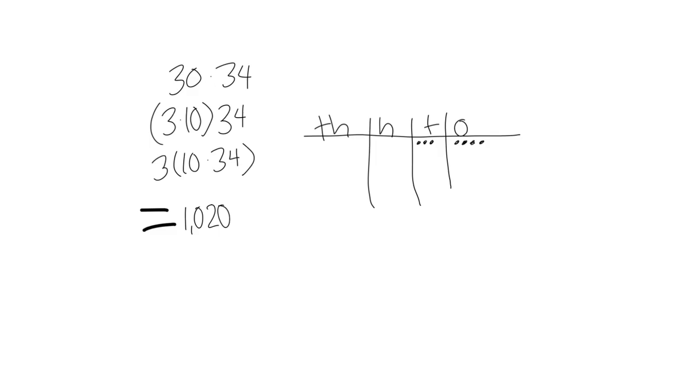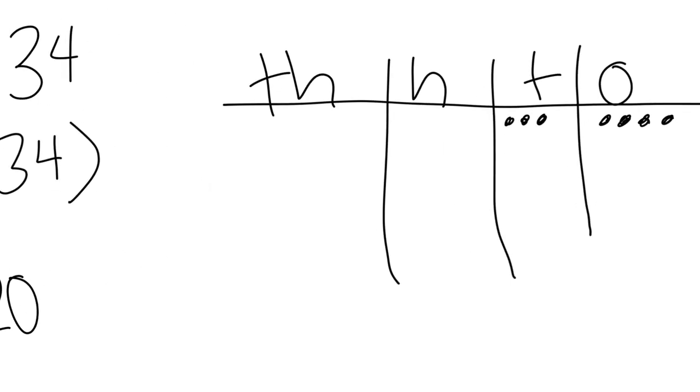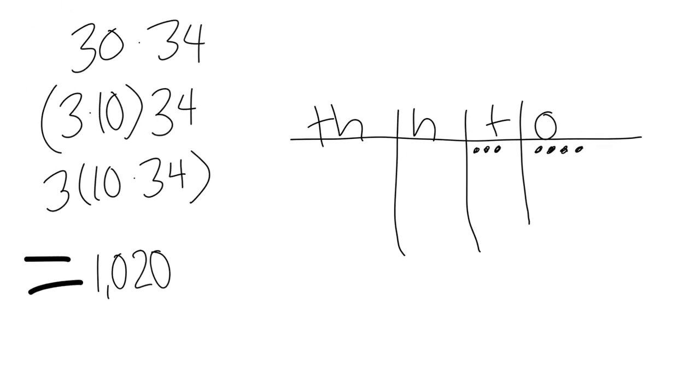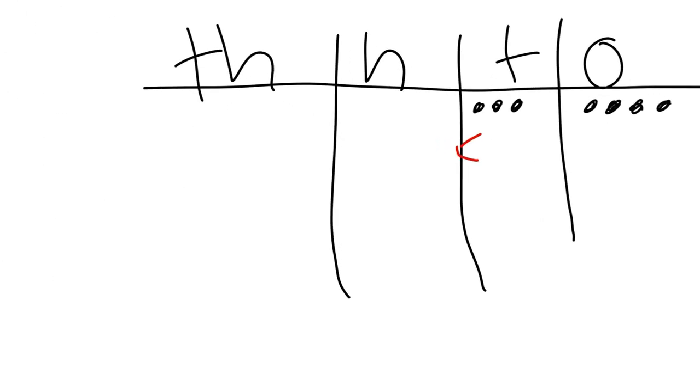Hi friends, for our next question, we're going to have 30 times 34, or 3 times 10 times 34. To make it easier, we can go 3 times 10 times 34. First of all, we're going to put 34 into our place value chart, so we have 3 tens and 4 ones. We're going to multiply everything by 10, so we move our tens into the hundreds place, and then we move our ones over to the tens place.